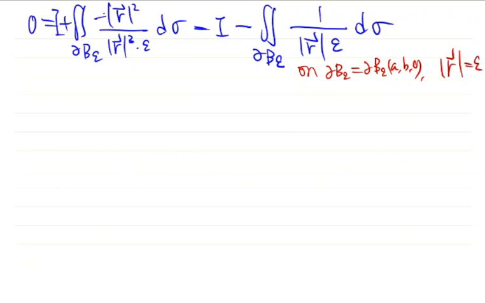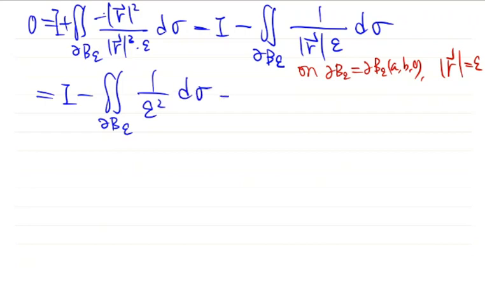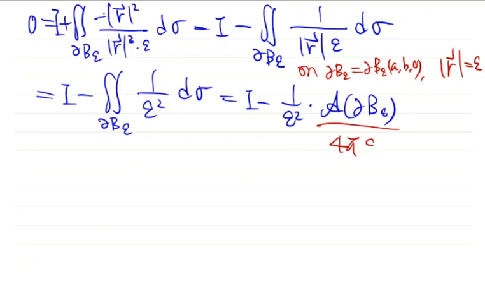So this is I minus epsilon square multiplying the area of this ball. So this is a three-dimensional ball with radius epsilon, so the area is 4 pi epsilon square. So the final result is I minus 4 pi, so I minus 4 pi is 0. The conclusion is that I equals 4 pi.